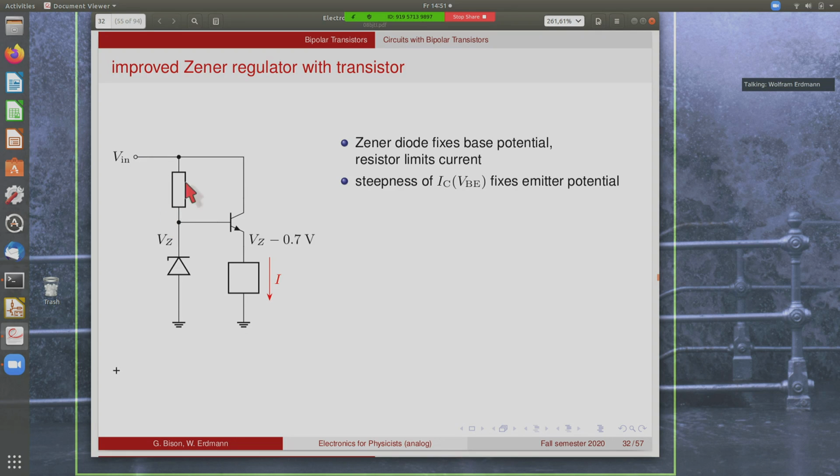And now again the steepness of the IV curve of the transistor fixes this potential to roughly 0.7 volts below the Zener voltage for any type of load that we put here.